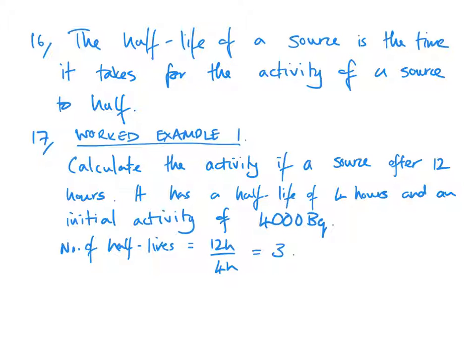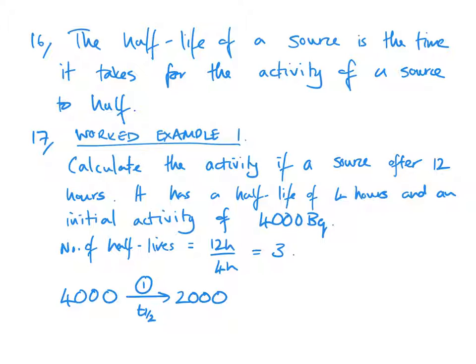And then what we do is, we know the activity started at 4,000. So after 1 half-life, and it's quite important, I'm putting that number 1 above the arrow, because that arrow basically represents a half-life passing. The symbol often used for half-life is T, and then a subscript, a half.